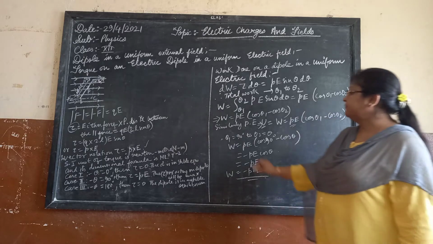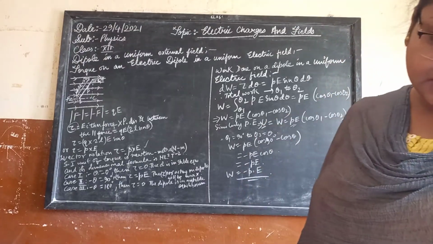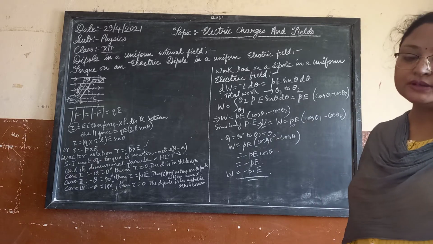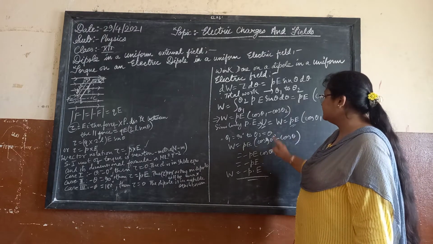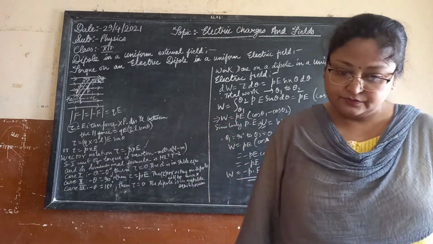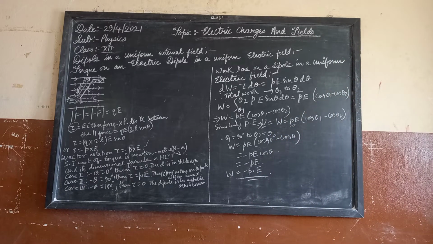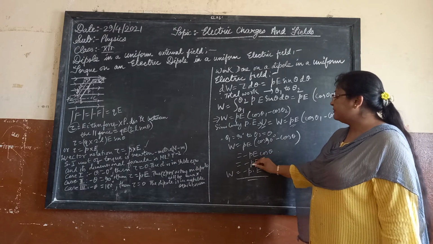If we assume that the dipole is initially oriented perpendicular to the direction of the electric field and brought into an orientation making an angle theta with the field, the work done in rotating the dipole from theta 1 equals 90 degree to theta 2 equals theta will be PE (cos 90 degree minus cos theta), that is, minus PE cos theta.